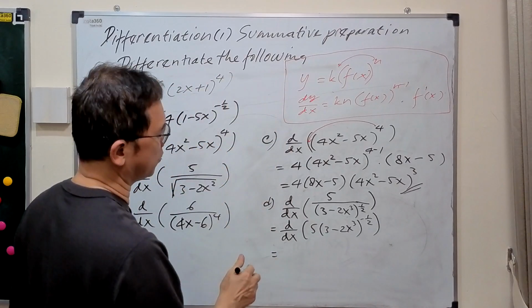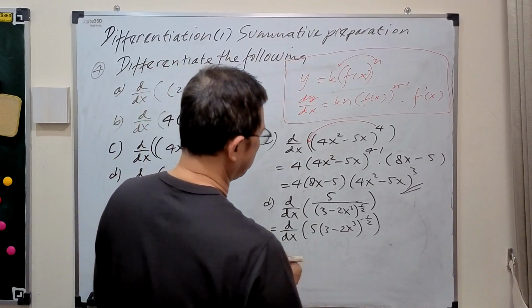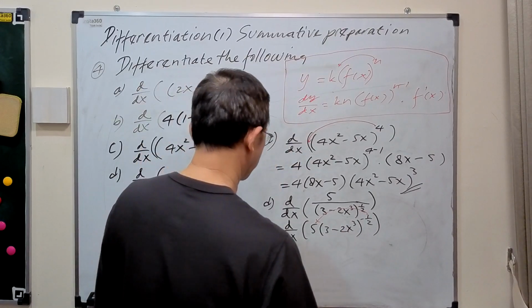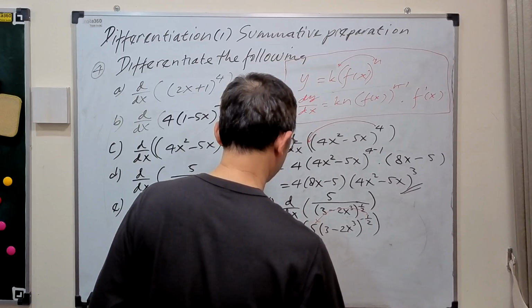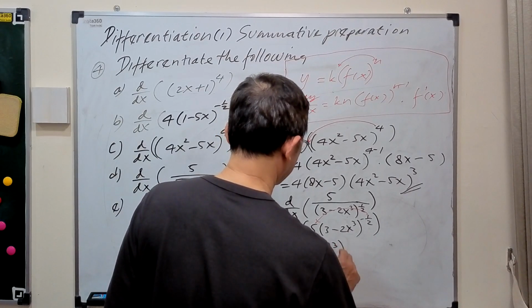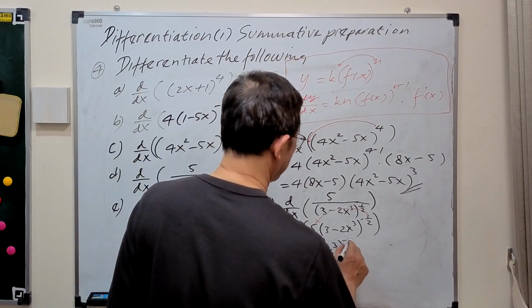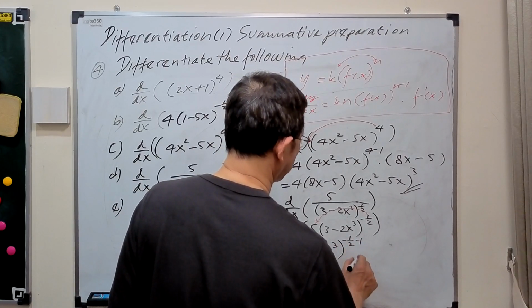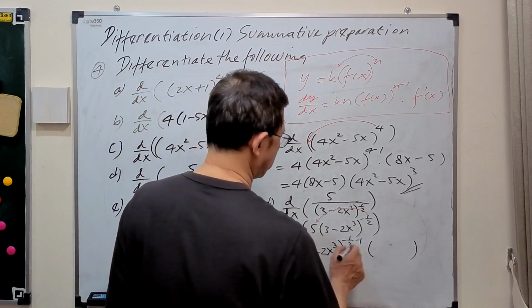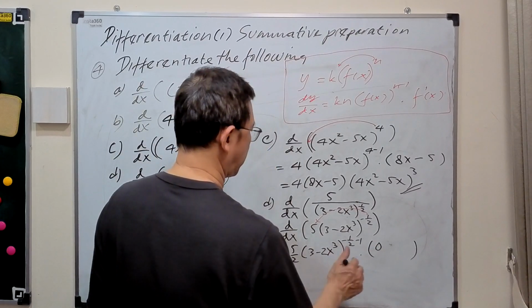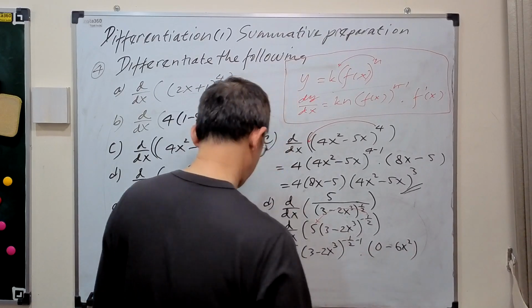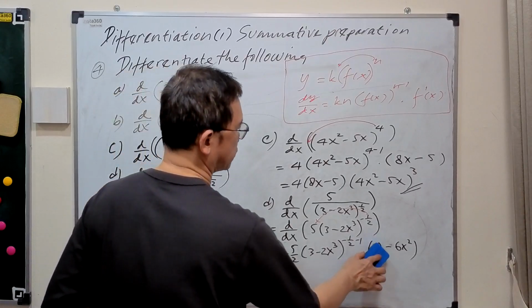So this will be what? You multiply the power to 5. This will be negative 5 over 2. Then this will be 3 minus 2x cubed to the power of negative half minus 1, right? That multiplies with the derivative of what's inside the bracket. So the derivative of 3 is 0, and then minus 6x squared. The 0 right here you can erase, no need to write.